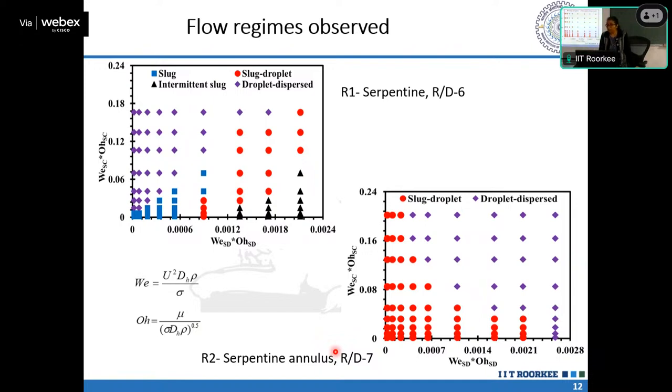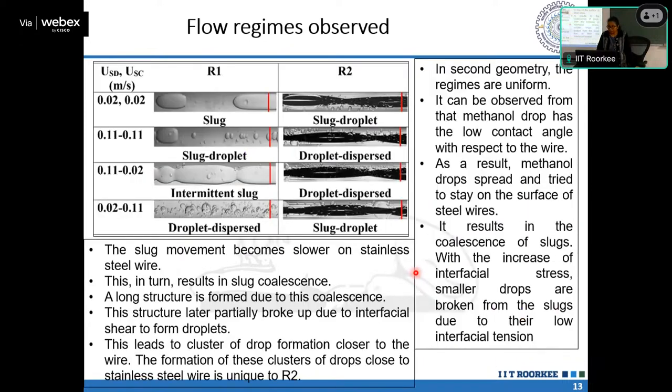One is Weber and second is Ohnesorge, and it is a product of these that we are giving, so all the forces are taken care of. So this is more or less what we have discussed. Only two flow regimes are observed for R2, while four are observed in R1. So this is the case where we have the annulus. Then some comparisons are given.